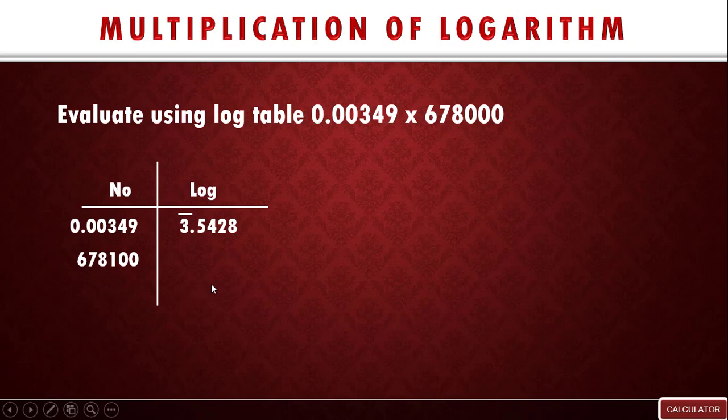The next thing to do now is to determine the log of the second number. If you look at this number, it is greater than 1, so we can use our calculator to do it directly. Sorry, I need to show you something first. If you press the first number directly using your calculator, it's going to give a wrong answer. Let me quickly show you that before we continue.